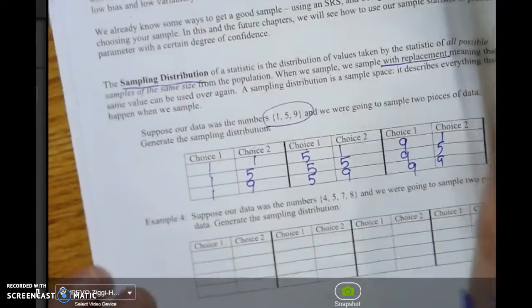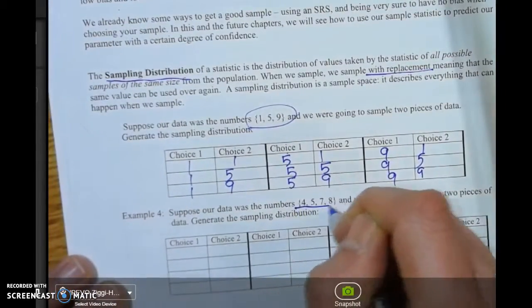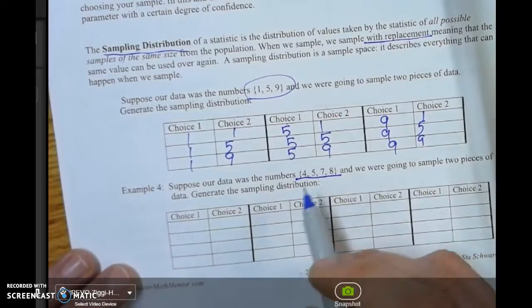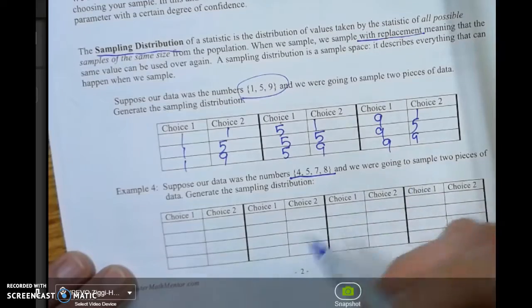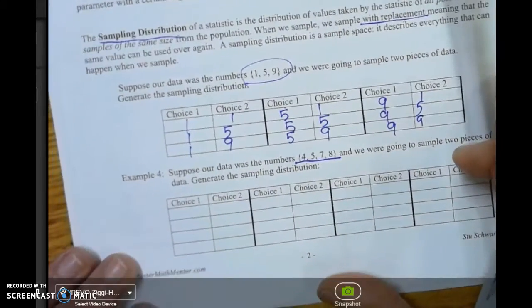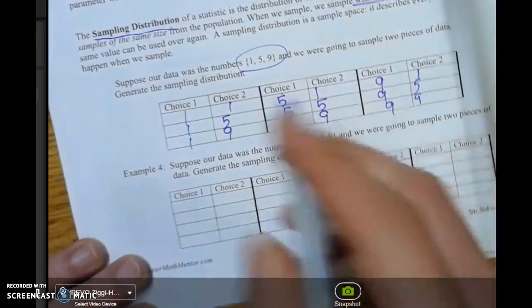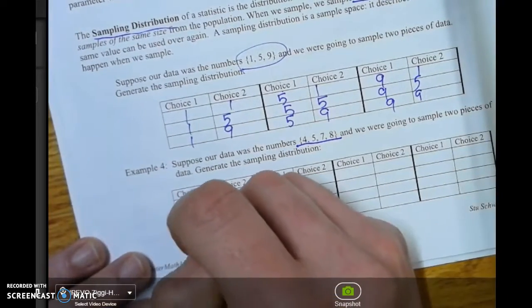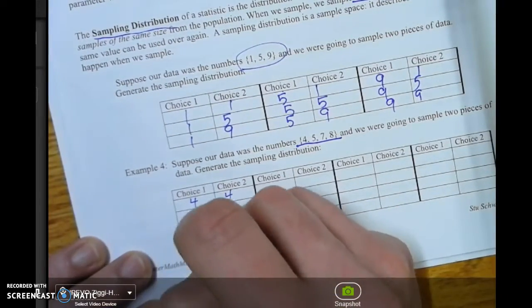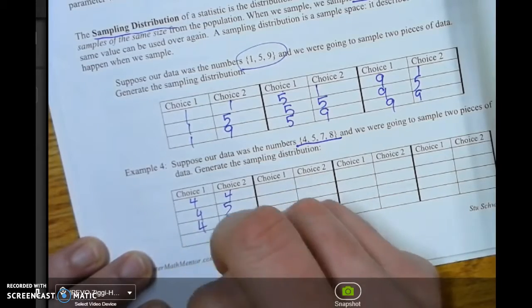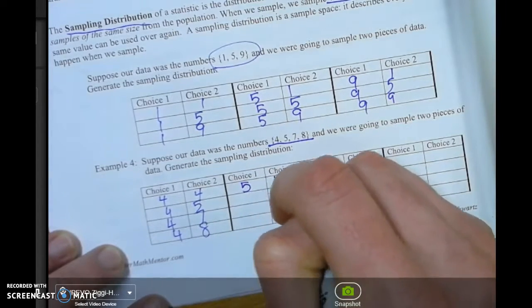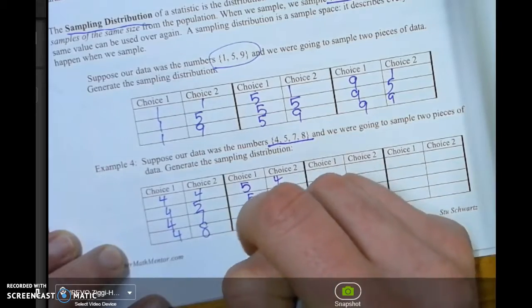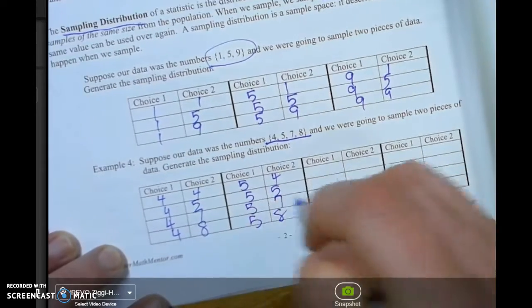In the bottom example, we have a population of 4 data elements, and again we're taking 2 at a time. Another way they could say this is that it's taken from a large population, which means we assume replacement. So we take 2 at a time: 4, 4, 4, 5, 4, 7, and 4, 8. We start with 5; it's good to go in order so you don't miss anything: 5, 4, 5, 5, 5, 7, 5, 8.